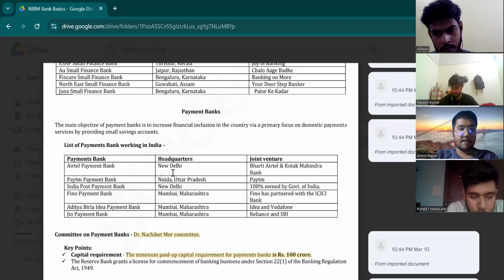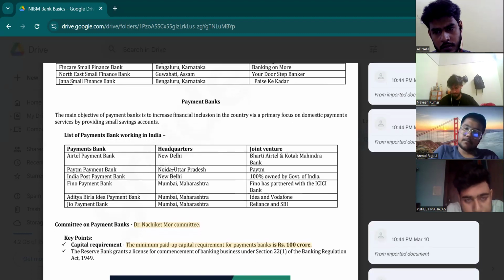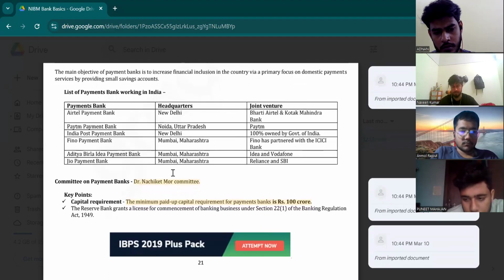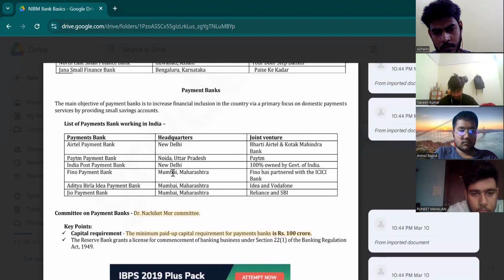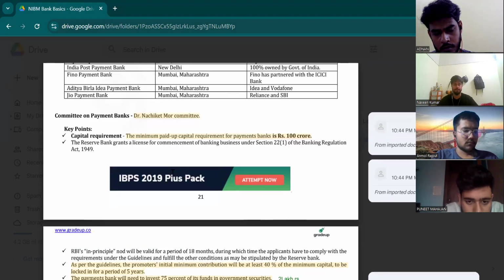This is on the recommendation of the Nachiket Mor committee. You don't have to remember the minimum paid up capital or why it was made, because small savings accounts facilitate this payment scheme.